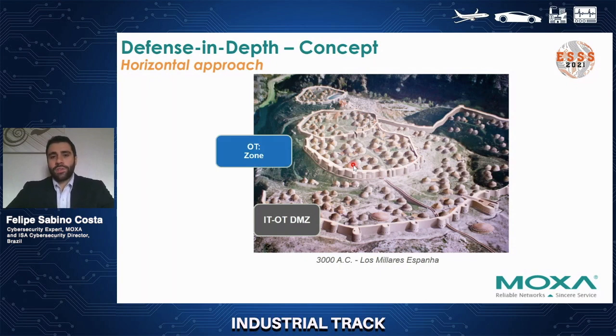The second layer is the zone itself. This concept of zone starts mainly with the IEC 62443 and pretty much tries to consolidate the same kind of products and the same level of security in the same place. I'm going to go into details in a minute about zones. And we have a last one that is our critical access. So we may have, for example, a zone inside another zone to protect our critical access with a higher barrier.